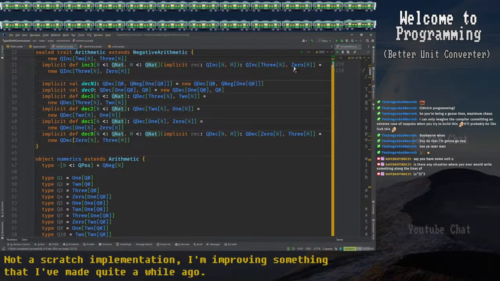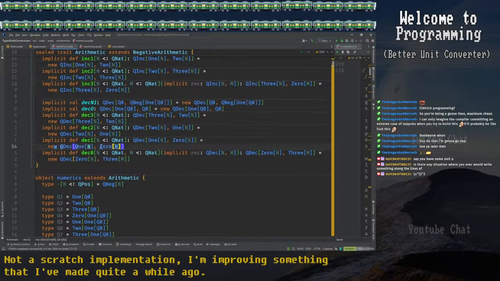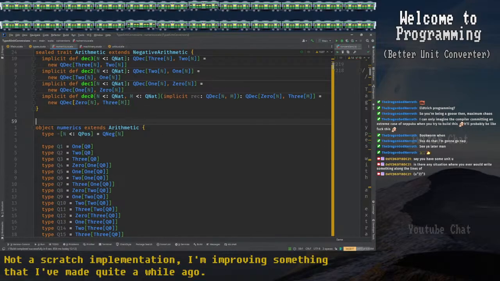No, I can't disable usage warnings. Where is this defined?